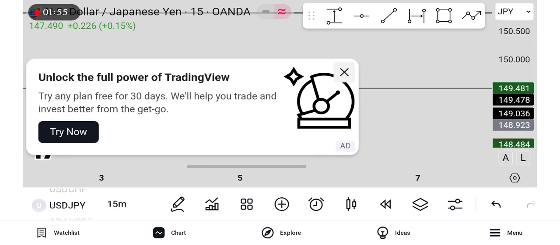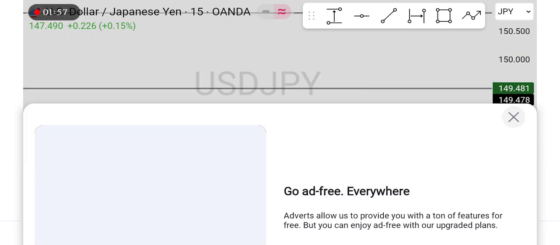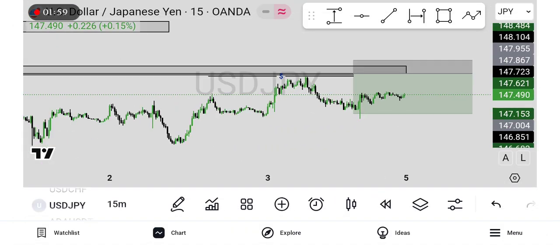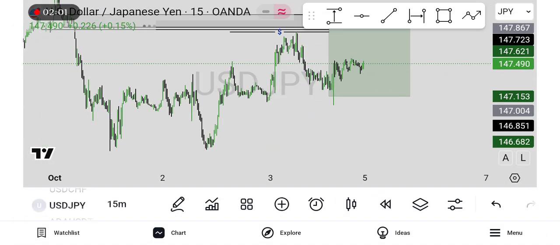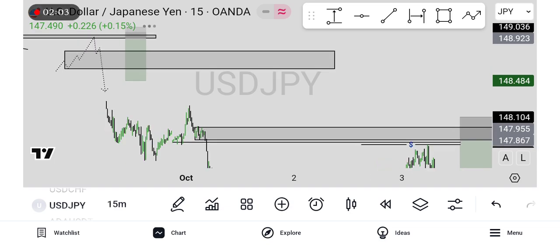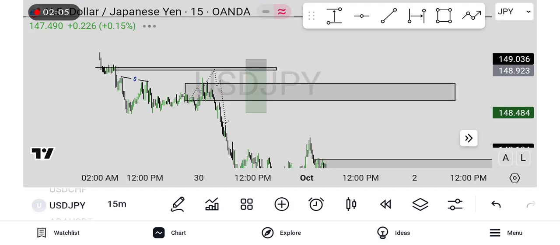So let's check on the 15-minute time frame. This is USD JPY.